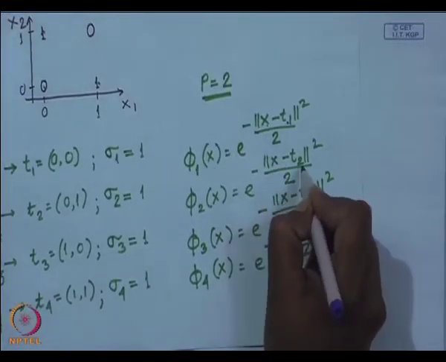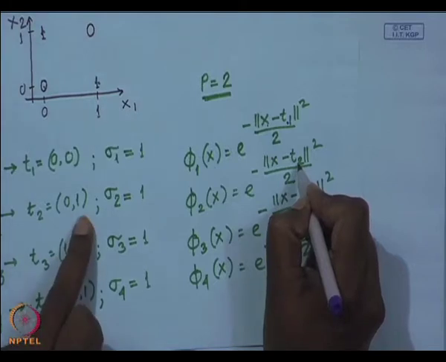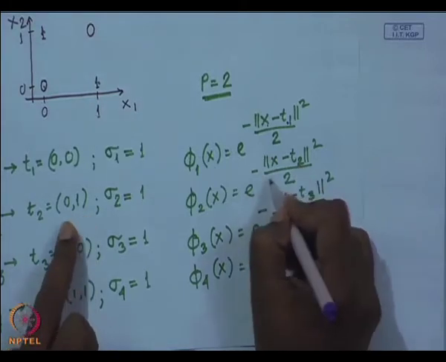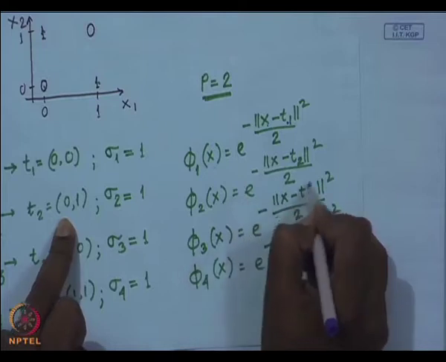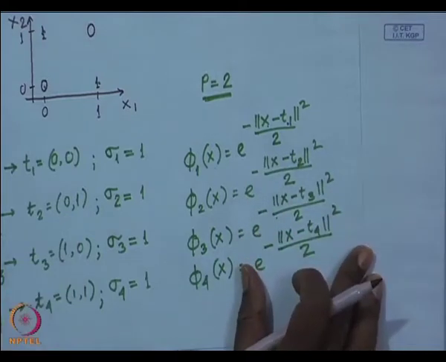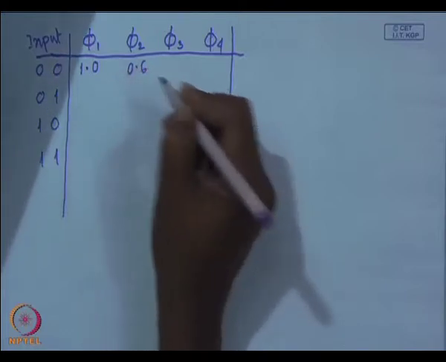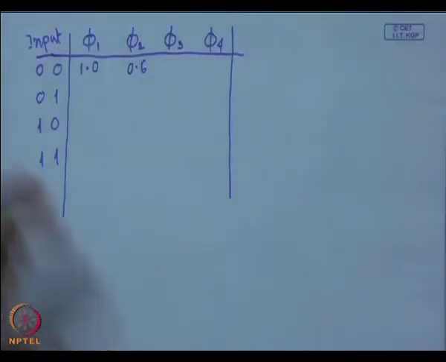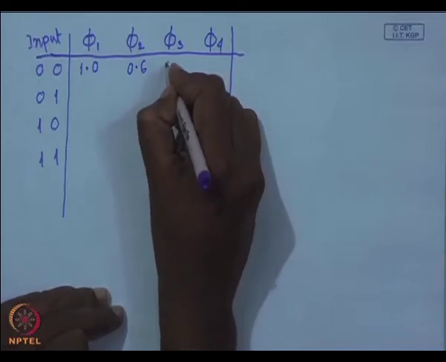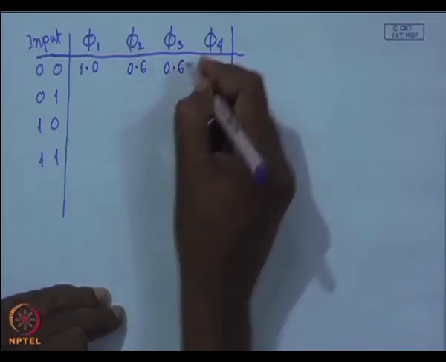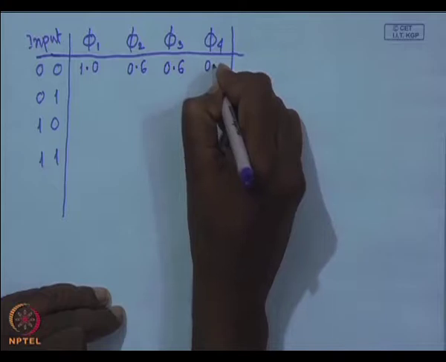Similarly, for phi 2, my x is 0 0, where t 2 is 0 1. Okay. So, if I compute this phi 2 x, you will find that this phi 2 x will be equal to 0.6. Similarly, I will just put the values over here, phi 3 x will also be 0.6 and phi 4 x will be 0.4.